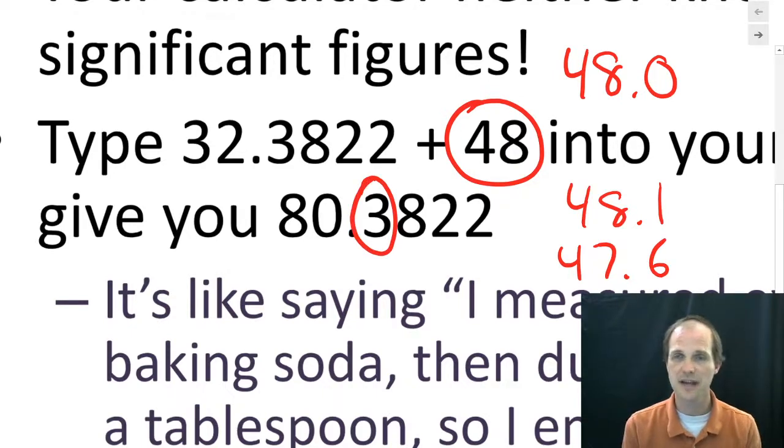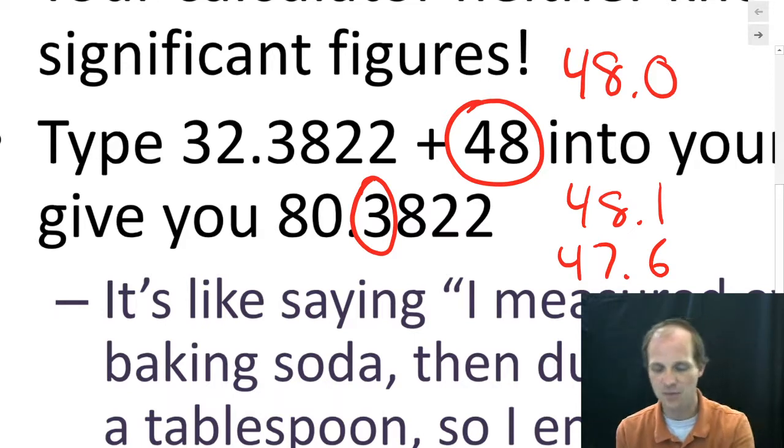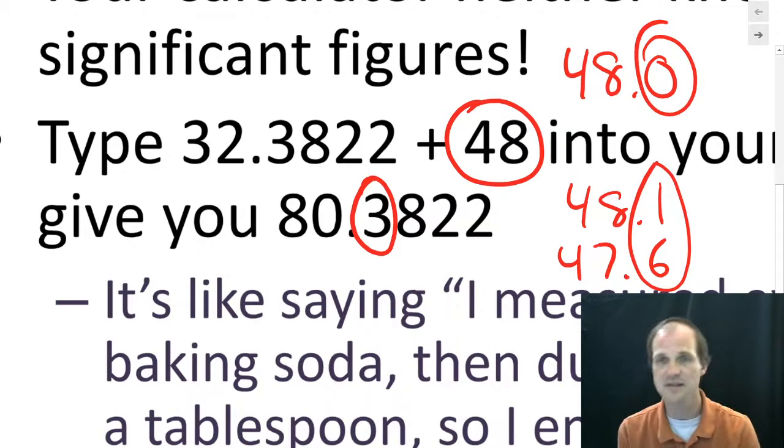Because if it was 48.1 in actuality, right, because I didn't measure that last digit, I don't know what it is, I didn't report it, then it would be 80.4822. If it was 47.6, I would have gotten 79.9822. And so I would have gotten different answers from my calculator depending on what this next digit was that I didn't report in my original number.